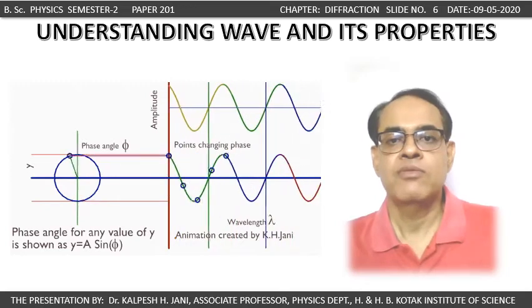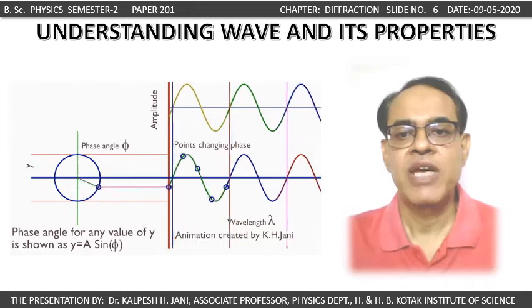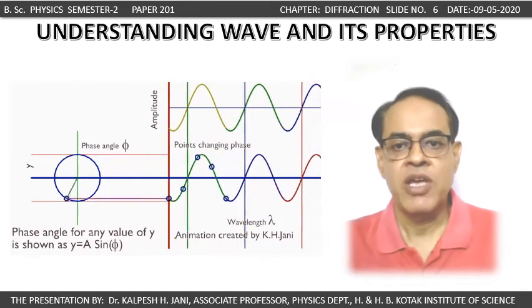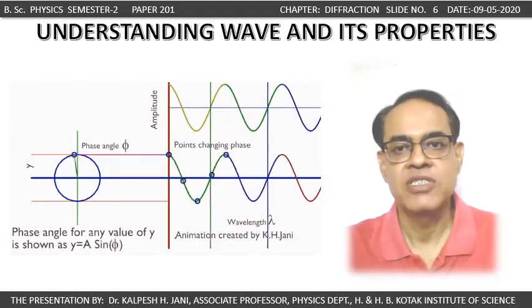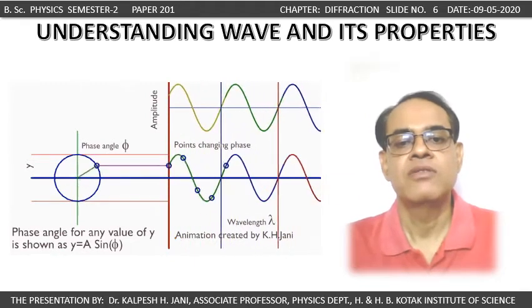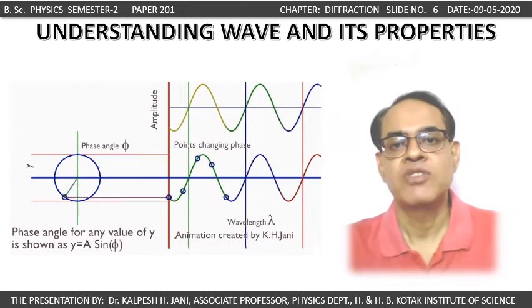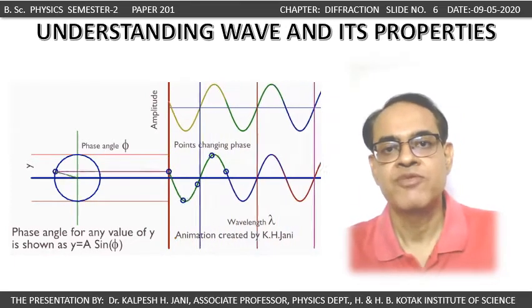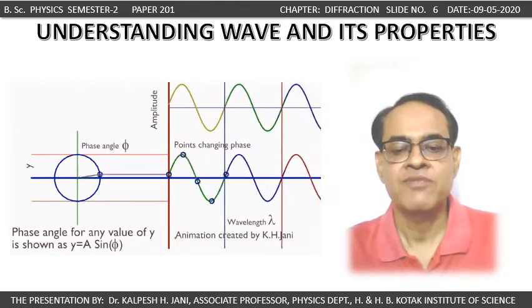Now, in this slide we would understand the basic properties of a wave, and for that purpose I have created this animation. As you can see in this slide, there is a wave motion shown. Two waves are shown here which are moving in the left direction.